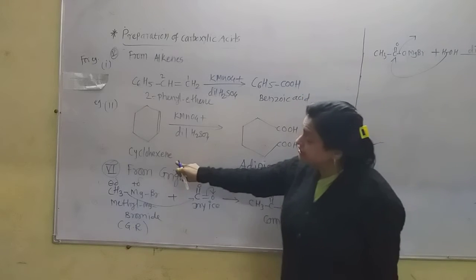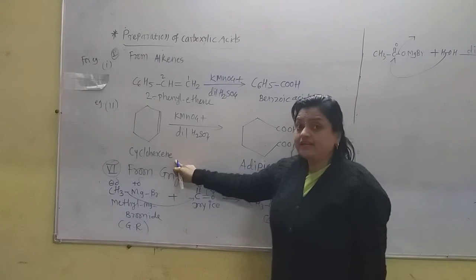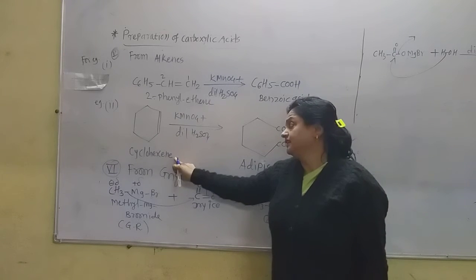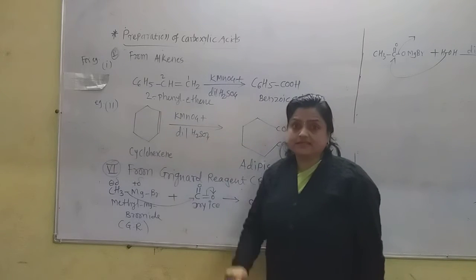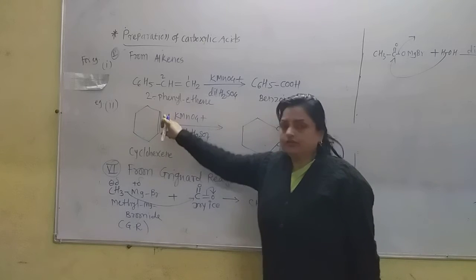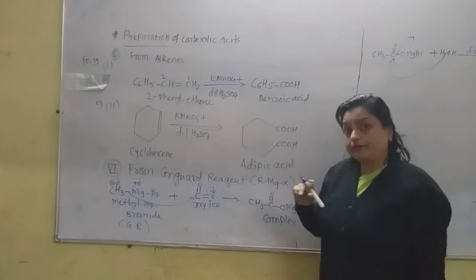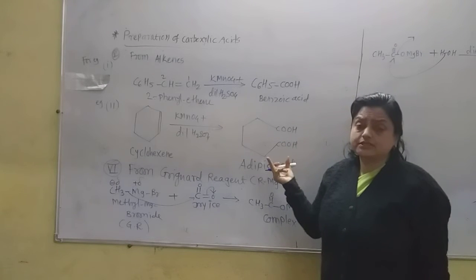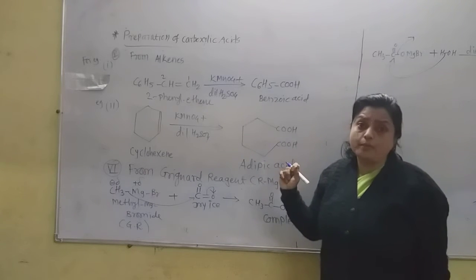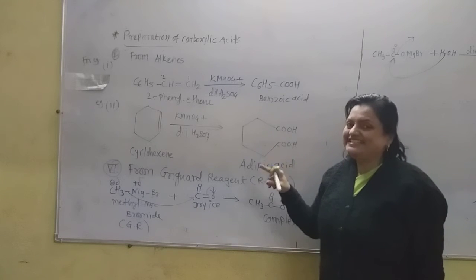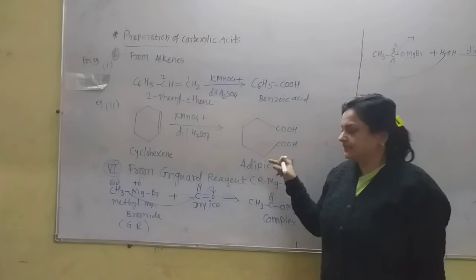But if we use a chain alkene or closed chain, cyclic alkene, then both of the carbons joined by the double bond are converted into carboxylic groups. Remember that. They may ask such a type of question in JEE, CET. Now this is adipic acid, that is, hexanedioic acid is called adipic acid.